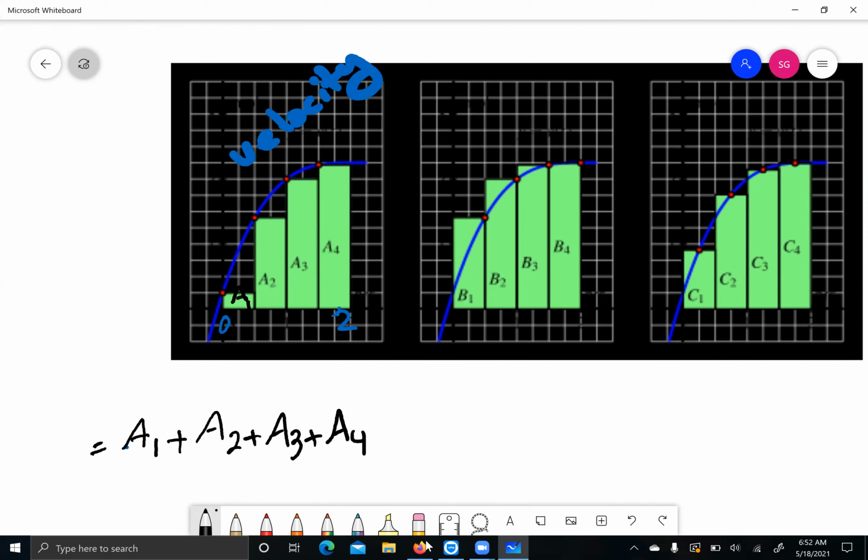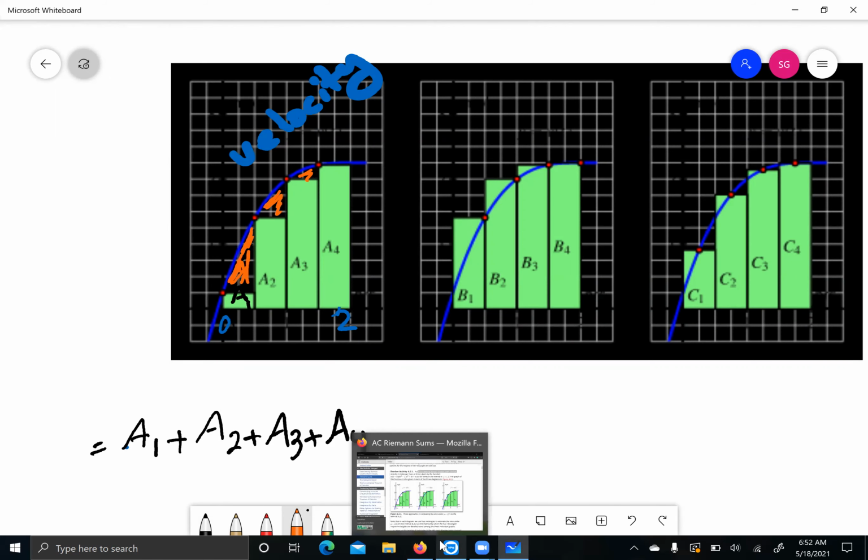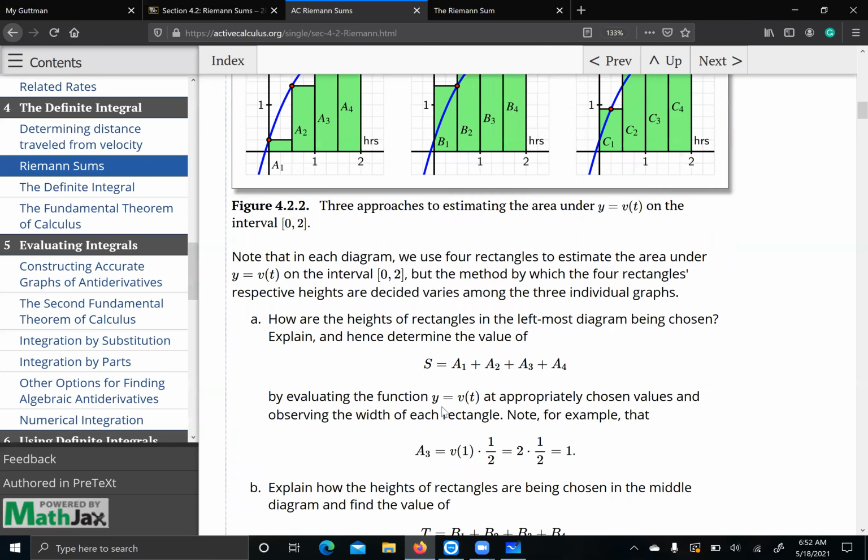This is going to give us an estimation of this area, but it misses some parts, you see. For example, it's going to miss this part, this part, and this part. So this is an estimation of the area. However, it misses some part of the area.